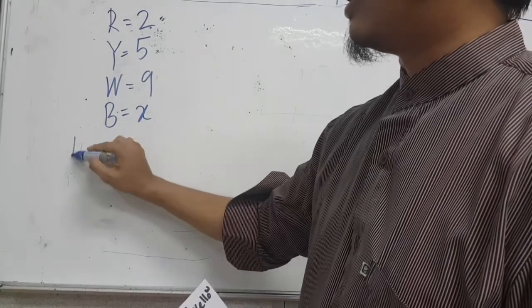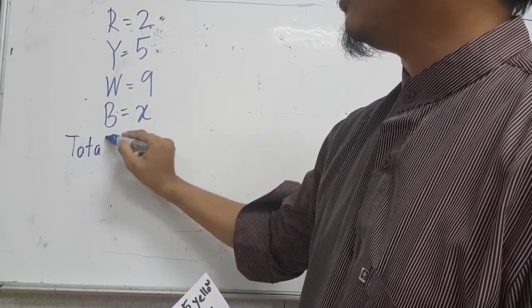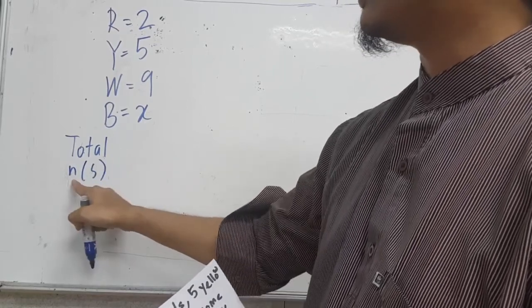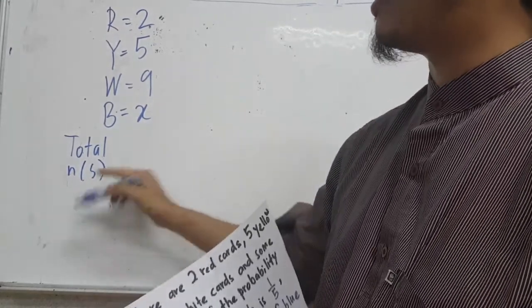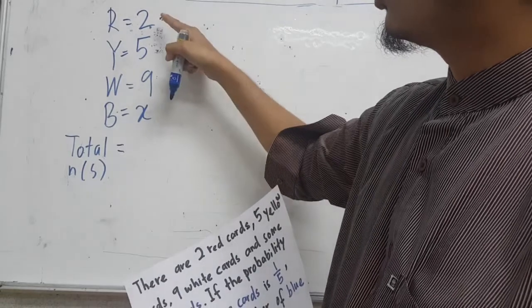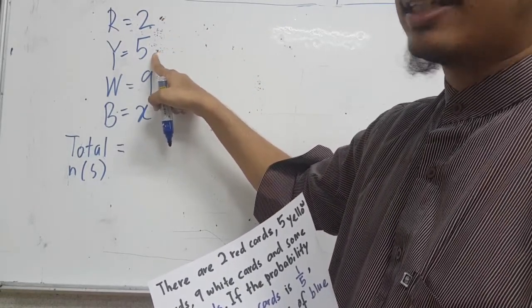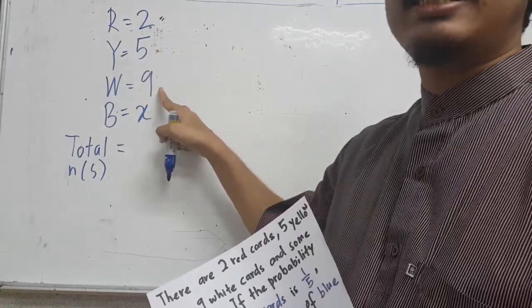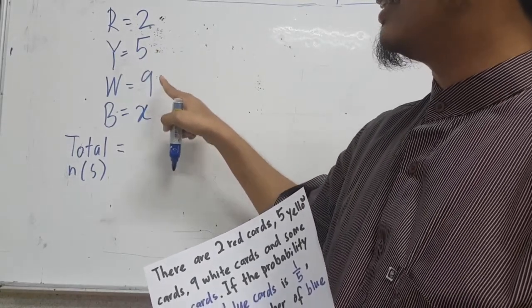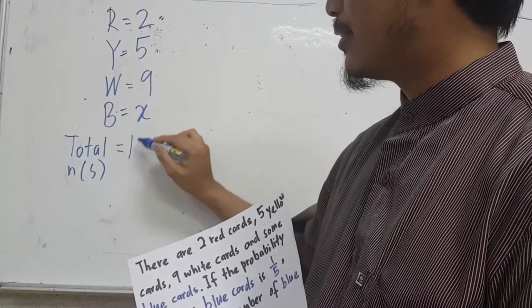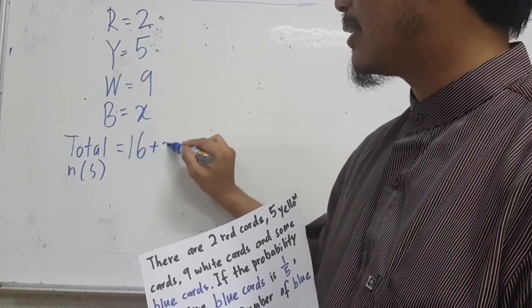So the total, or the number of S, which is the number of all samples, is 2 plus 5 equal to 7, 7 plus 9 equal to 16, and 16 plus x, we cannot just put it, 16 plus x.